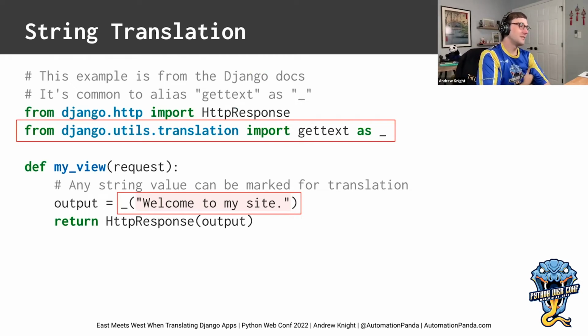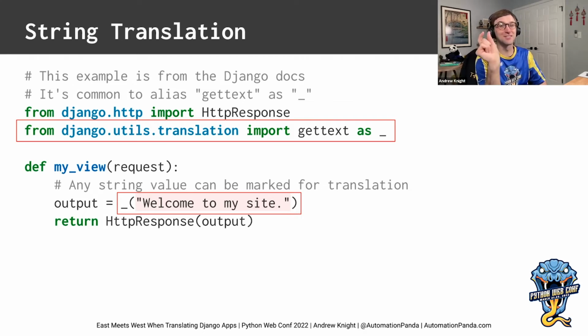So here is an example of doing that in a view. What you do is you say from django.utils.translation import gettext. gettext is the magic function that will translate your strings or tokens. It's also very common to import it with the alias of a single underscore character. Why? Because you're literally going to be populating your entire code base with this thing.